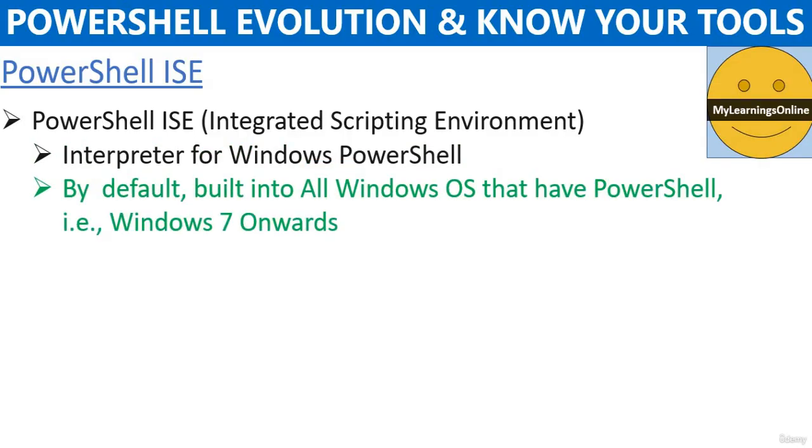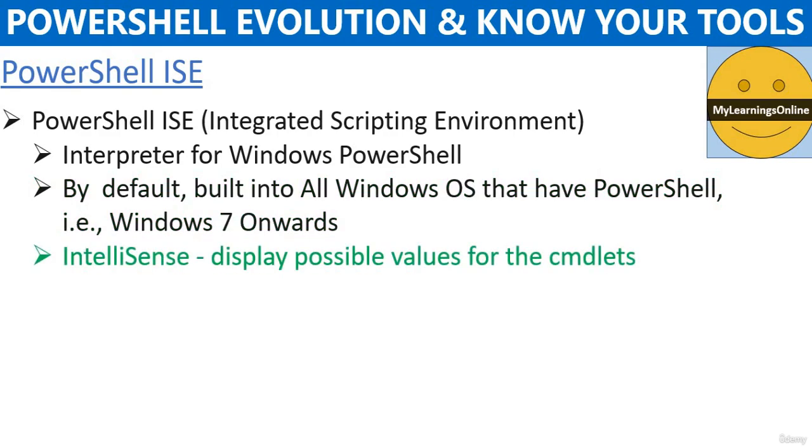Windows PowerShell ISE is the default editor for Windows PowerShell that comes with all Windows operating systems. IntelliSense is a feature that is also known as auto-completion. It means when we start typing a command, we get all the possible commands that could be made using our typed text.